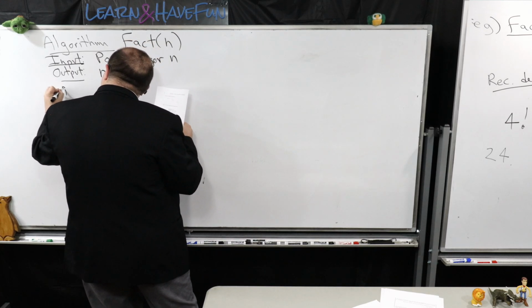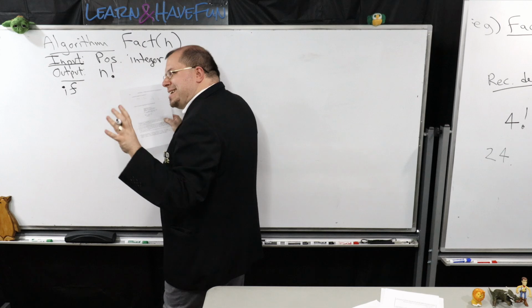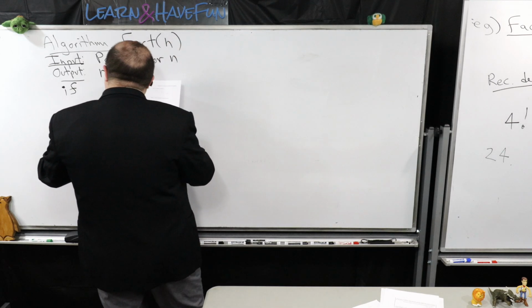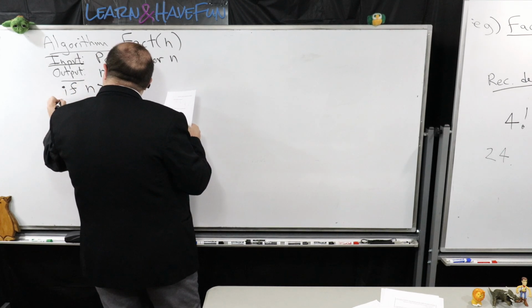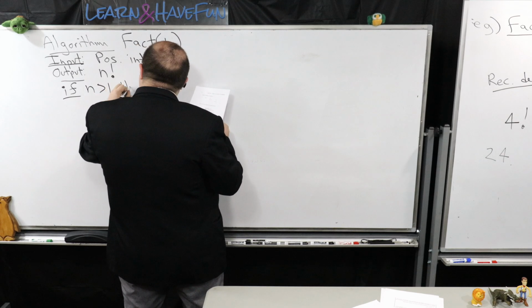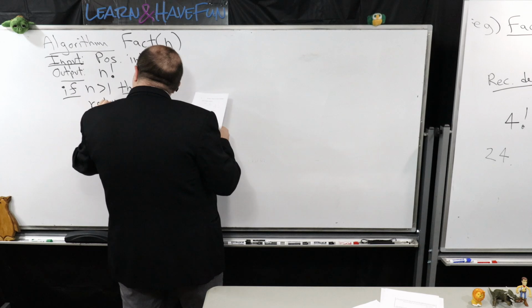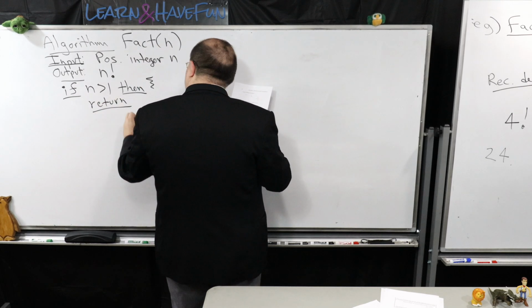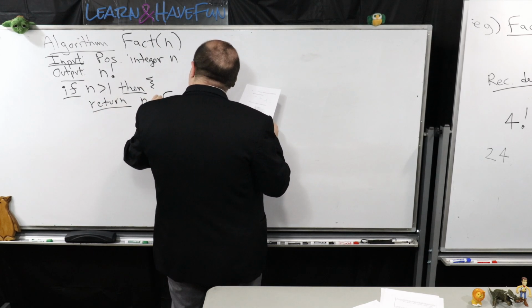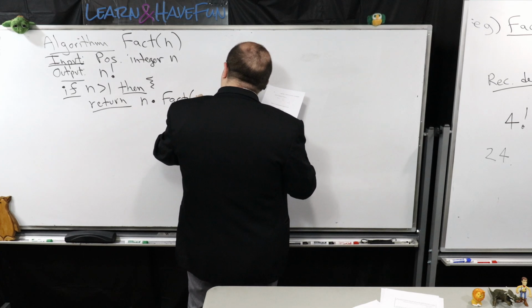So here we go. I'm going to write this out, and then we're going to identify the key parts. If n is greater than 1, then I return n times fact of n minus 1.